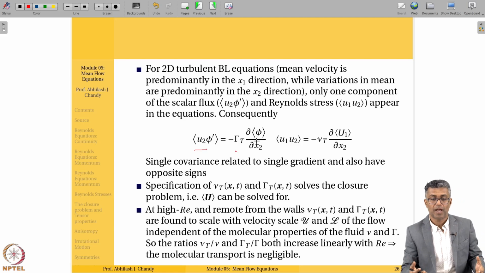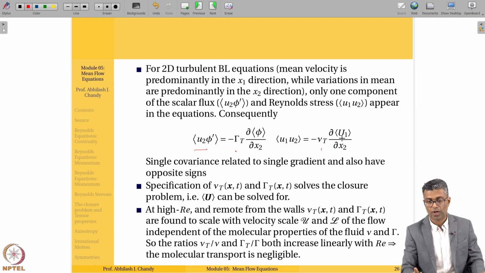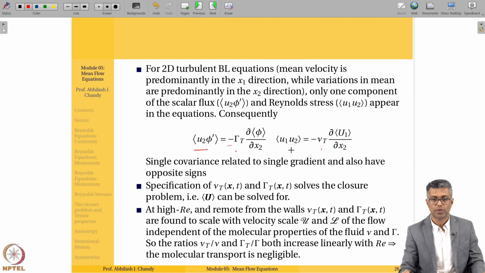And your covariance u1 u2 is minus nu t del x2 of u1. So a single covariance is related to a single gradient, and also the opposite sign. Don't forget about the opposite sign.